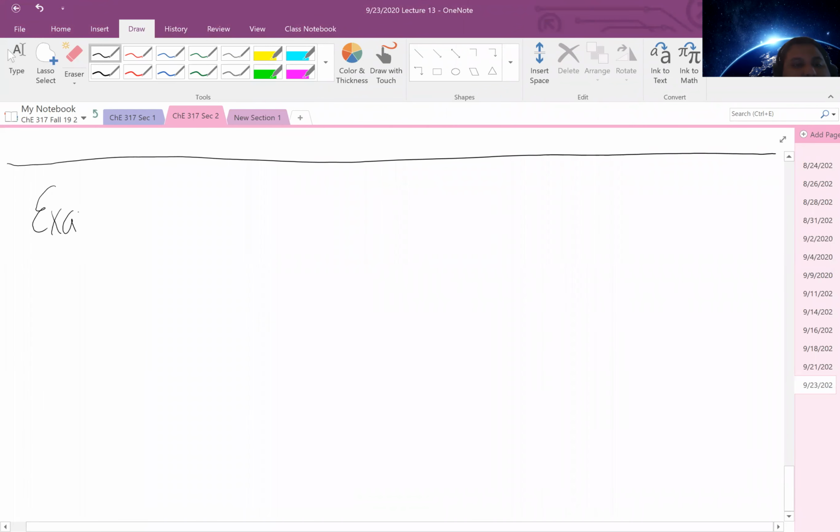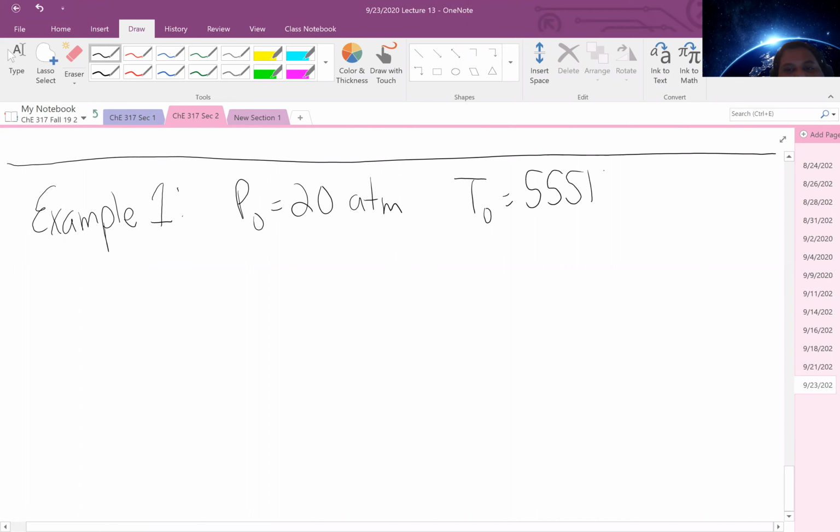So example 1, we know our pressure in is 20 atmospheres, our temperature in is 555 Kelvin, the Mach number at the throat is 0.8, and the area of the throat over the area of the diverging section is 1/2.